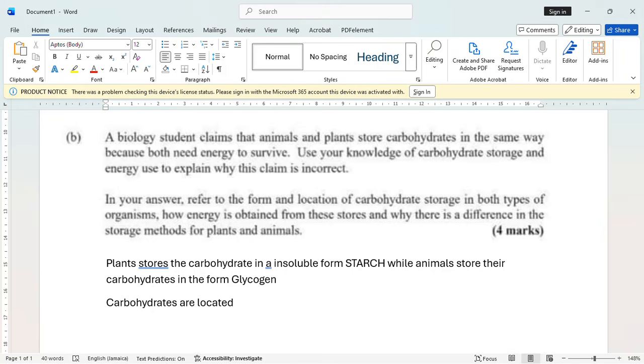So the carbohydrates are located in plants where? As a matter of fact, we basically would have answered that part based on the question above. So where would it be stored in the plant? Where did we say? So the leaf.